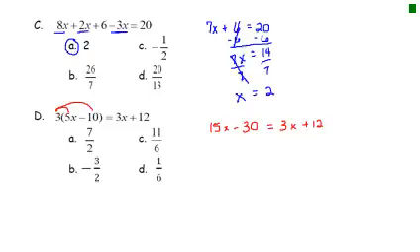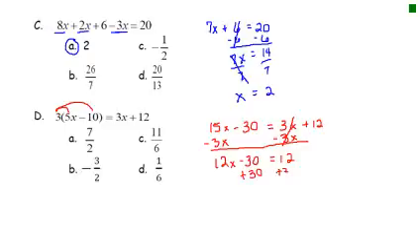So in order to get rid of that 3x on the right side, I need to subtract 3x. Those are going to cancel out. That gives me 12x minus 30 equals 12. Add 30 to both sides. We get 12x equals 42.